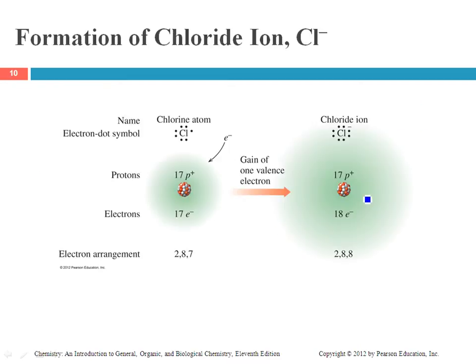This just shows chlorine. A chlorine atom has 17 electrons, wants to have 18, so that it has 8 in its valence shell, so it wants to gain 1. So it gains 1 electron to form a chloride ion, and we represent this by showing the charge, a negative 1 charge.